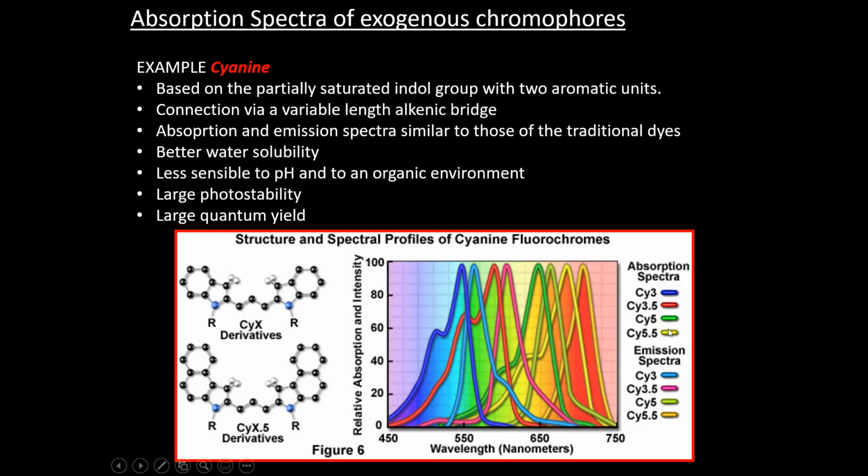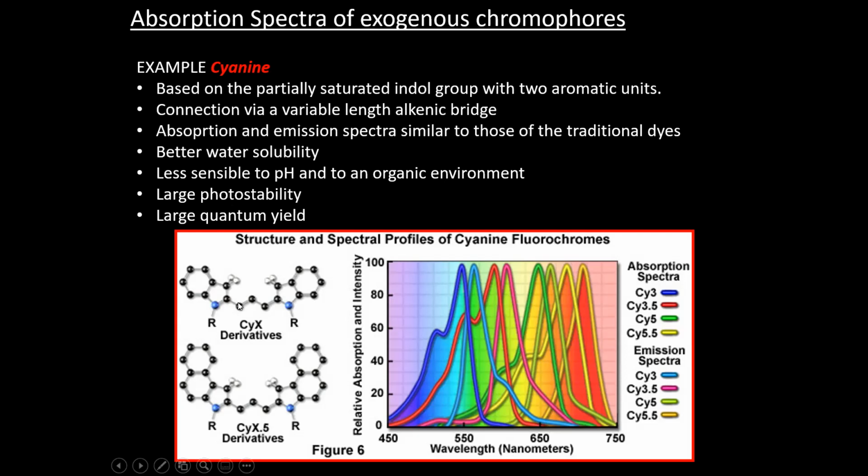If you go to cyanine 5, that is 5 repetition units here, you see that the spectrum gets the green curve here. And if you go to cyanine 5.5, you go to the yellow spectrum here. So this is a class of molecules that can be tuned to any wavelength by simply changing the length of the conjugated chain in between.